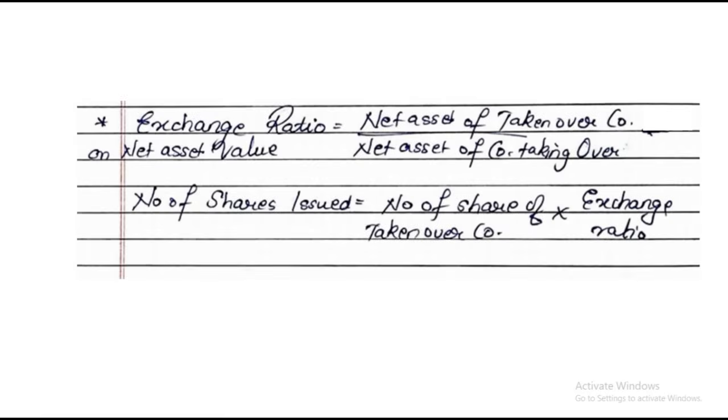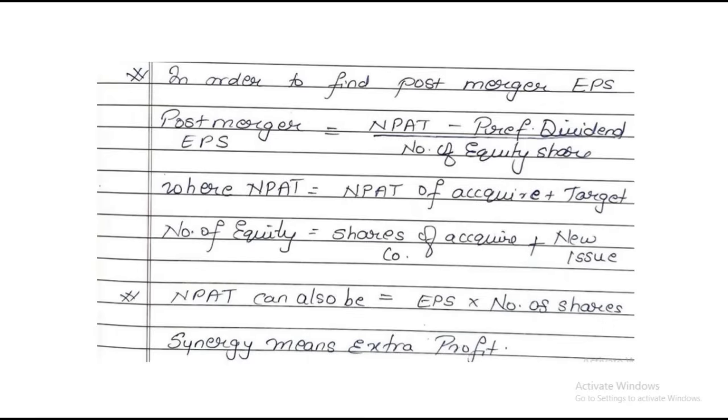So now let us see how you can use this format and how to calculate the exchange ratio and the number of shares. Once we get the number of shares, we can apply it into the basic formula, that is the post merger EPS formula, and similarly we can solve and get the final NPAT, or we can say final post merger EPS.